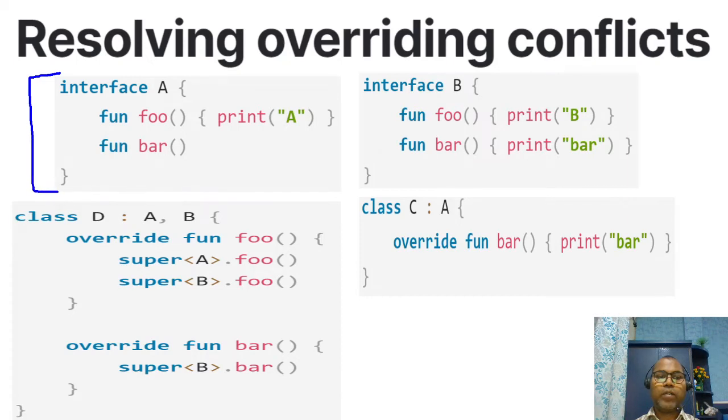We have one interface A, and we have another interface B. Let's have a foo function and a bar function.